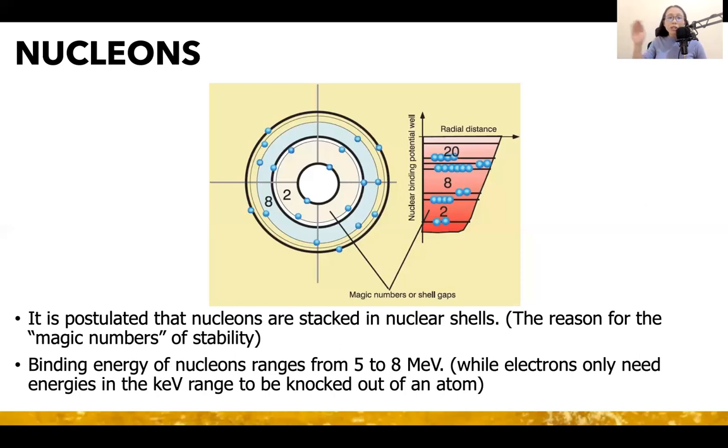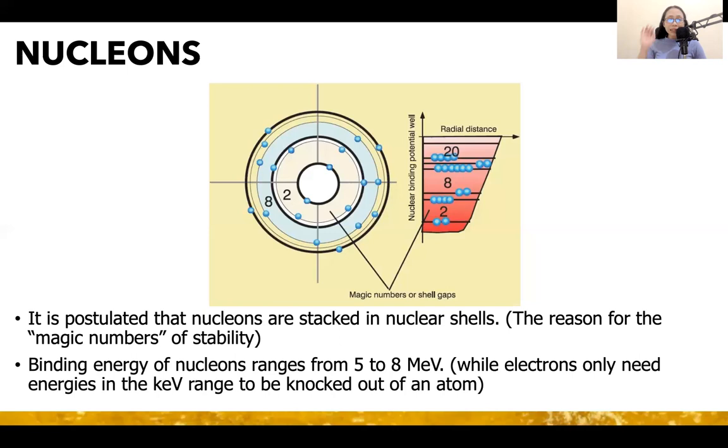And they want to achieve this stability by changing the number of protons and the number of neutrons in their nucleus until they reach the so called magic numbers. These magic numbers are, in fact, even. It is very rare for a magic number to be an odd number.